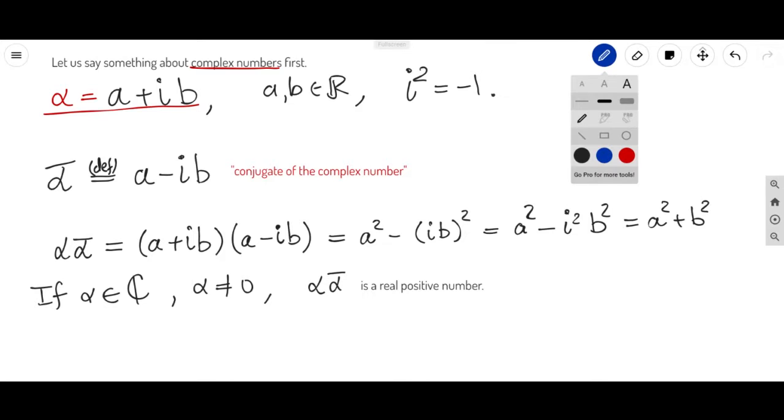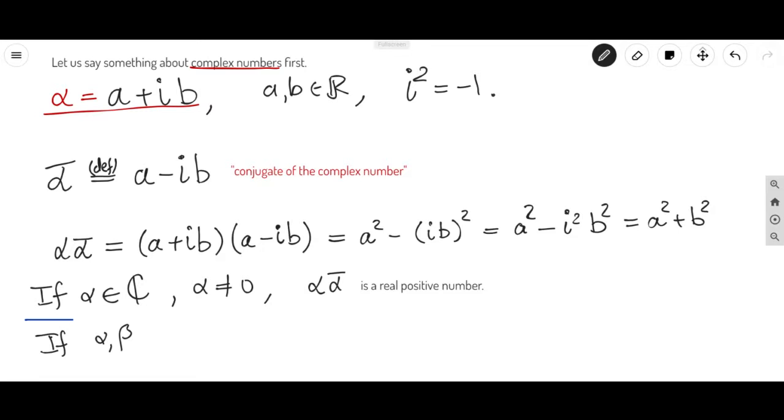Now, another fact that I should say about complex numbers is, if alpha and beta are two complex numbers, then you can check. This is very easy to check if you've never seen this before.